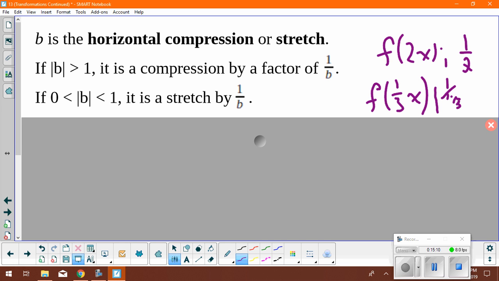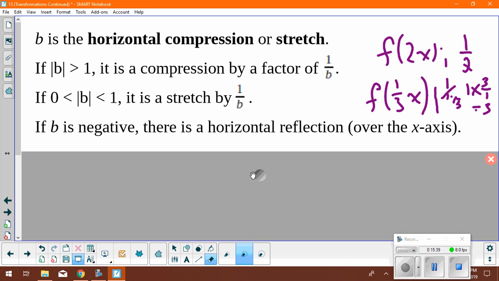So when we bring this around, that means I'm dividing by 1/3. So that would be the same as 1 times, to divide a fraction, you invert and multiply, and I just get 3. So even though it says 1/3 there, this is really a stretch by a factor of 3, because it's the reciprocal of that.